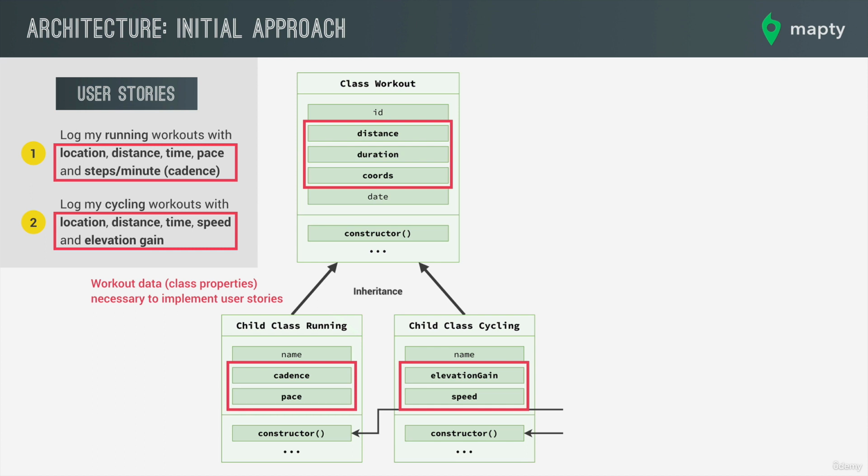So usually each class is represented by a box like this, where in the top part you're going to have the properties and in the bottom part the methods. And of course each class here will have more than just the constructor method. And so that's why I have these 3 dots there. All right. So for now, that's all we need to know about the architecture of our data.